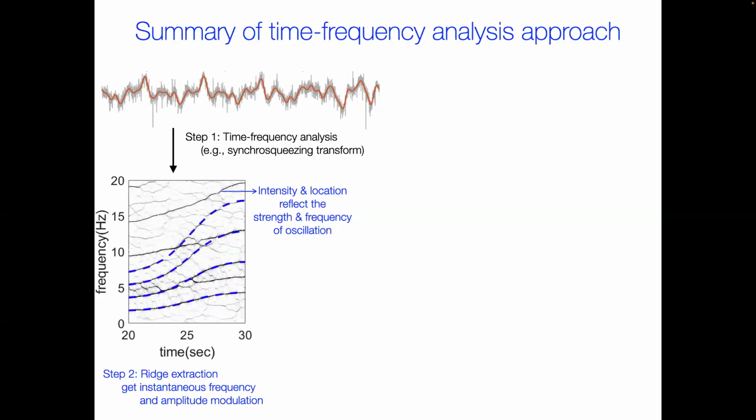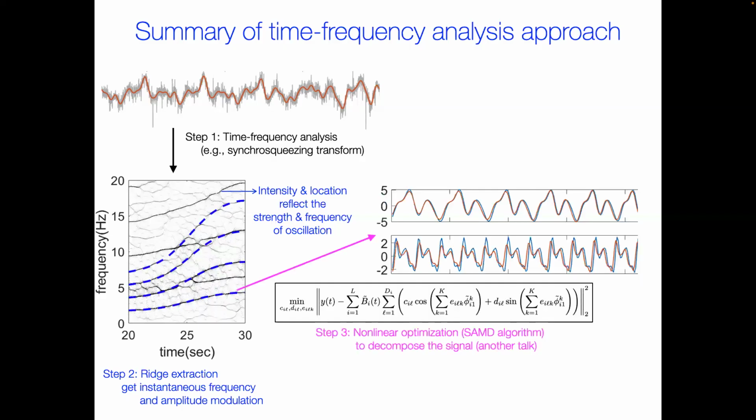That is how ridge extraction looks. Once you get the ridges, you can apply, for example, a nonlinear optimization problem called SAMD, shape adaptive mode decomposition. I will not discuss it today. But once you run this nonlinear optimization, you can recover each component.